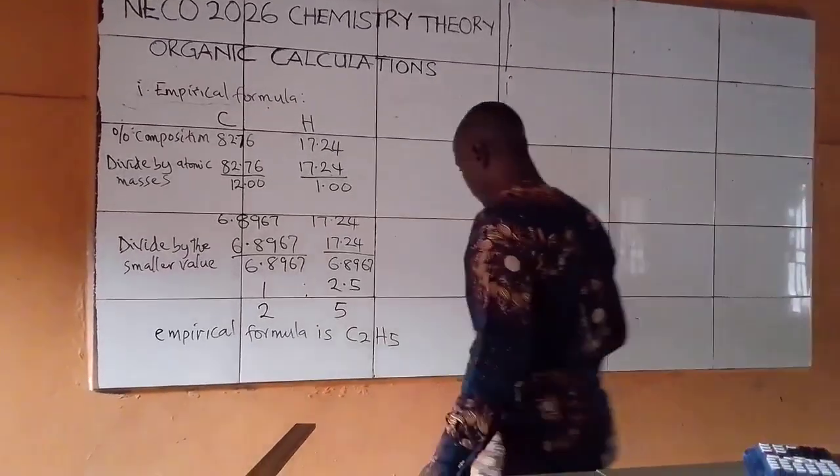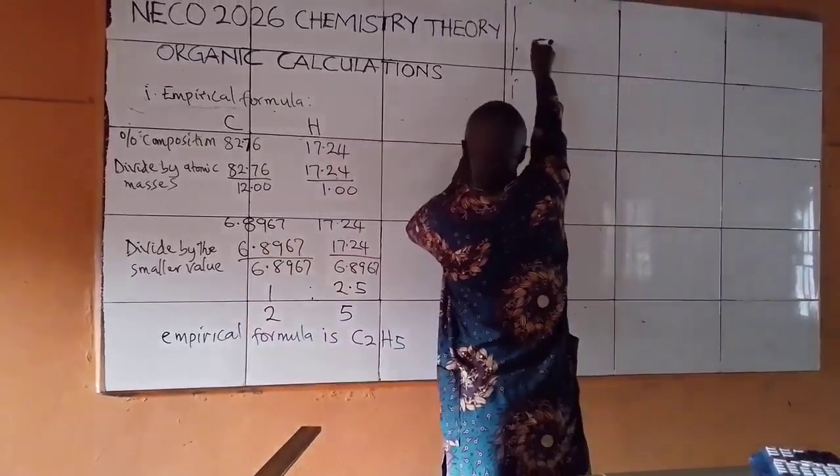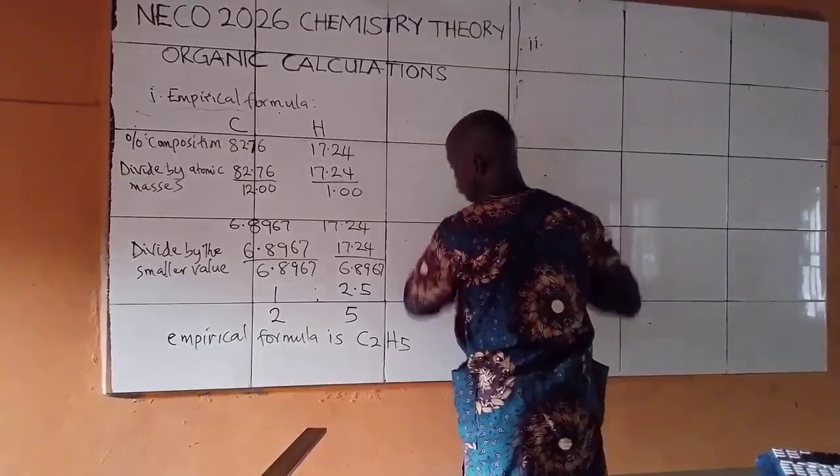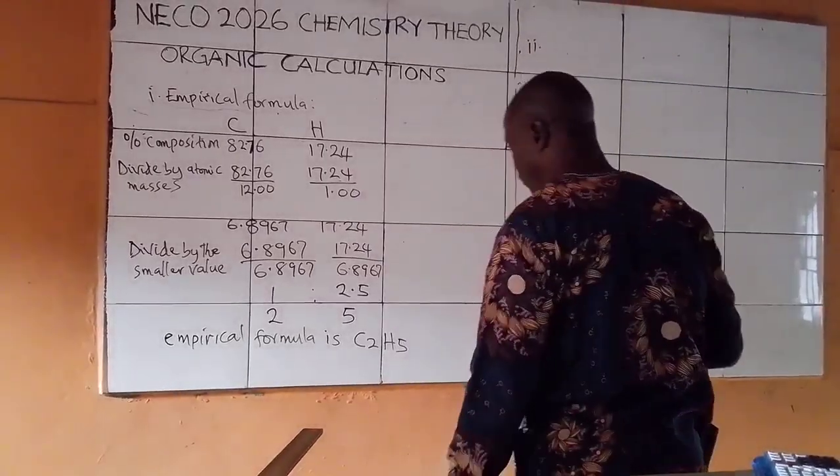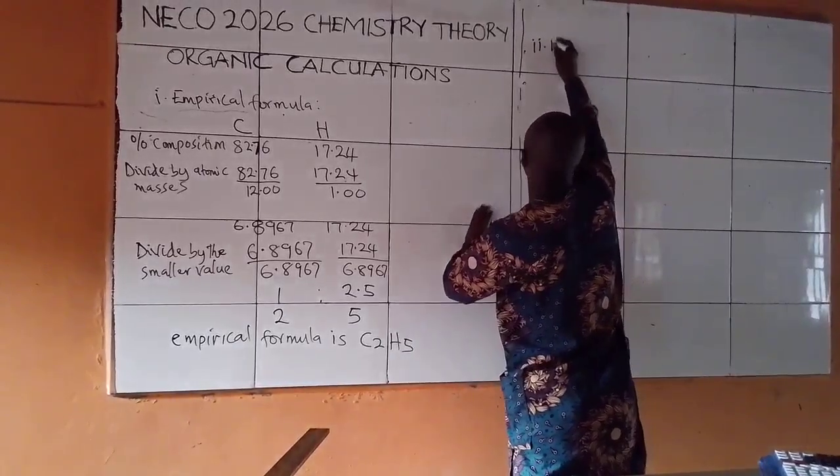So now we have Roman figure 2, that is molecular formula.